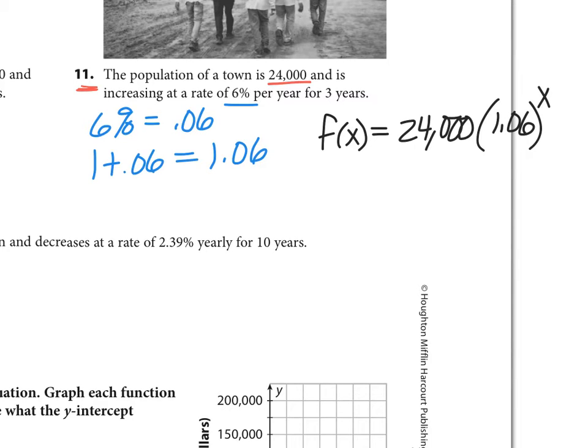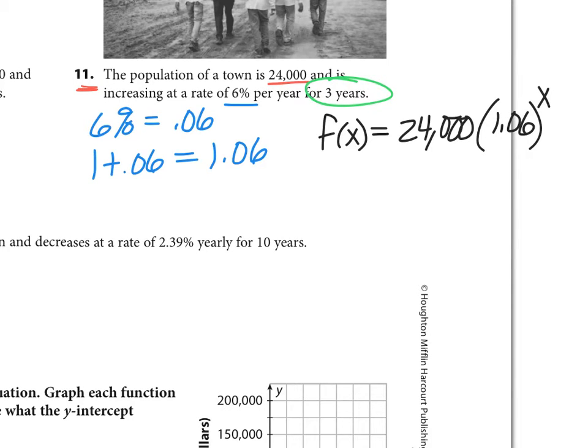Now, in this particular case, what we want is we want X to be 3. So all we do is we then go to our table, and we're going to go to where X is 3 in our table, and we're going to look at the value.